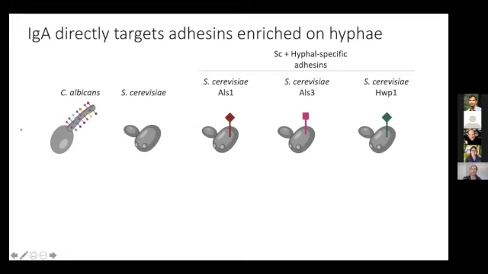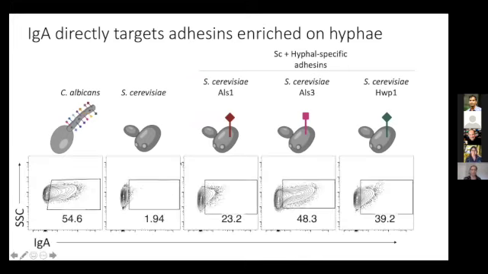We incubated all of these fungal strains with intestinal IgA from mice that had been monocolonized with Candida albicans, and quantified IgA binding by flow cytometry. We found that the IgA does not cross-react with Saccharomyces cerevisiae alone, but that expression of ALS1, ALS3, and HWP1 was sufficient to promote IgA binding, demonstrating that these adhesins are directly targeted by IgA within the gut.